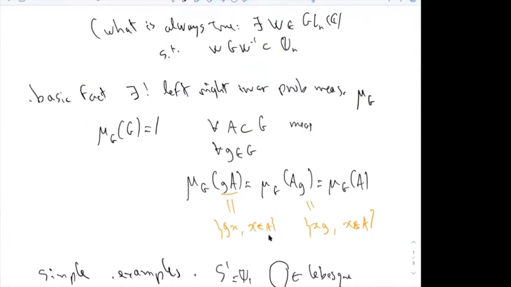And okay, so one observation is the existence of the left invariant measure. It's called the Haar measure. Of course the Haar measure exists in more cases.